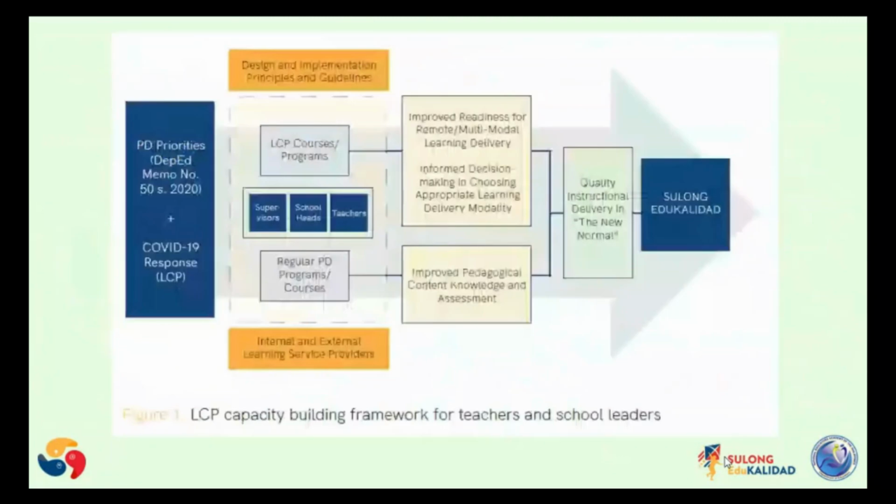So in the slide, you will see the framework for teachers and school leaders. This is designed in terms of, I know you are familiar with the IPO format. The input will be considering the professional development priorities as stated in DepEd Memo number 50 series of 2020. Plus, of course, we'll be considering the context of the new normal and the COVID-19 response as stated in the learning continuity plan.